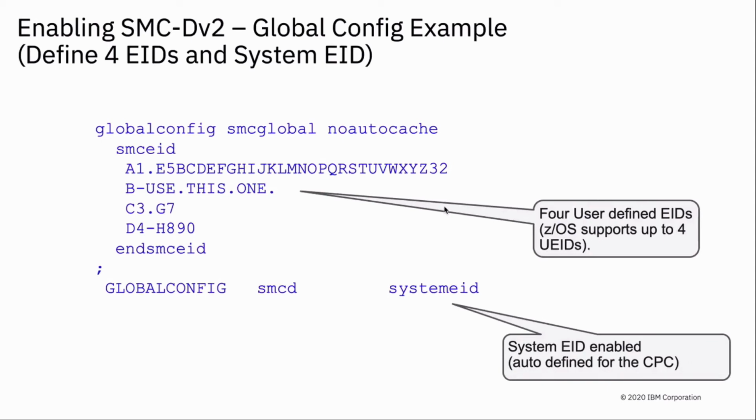And if you specify system EID, in COM server we're going to generate an EID for you that will follow all the rules of user EIDs, right? But it'll be unique to that machine. So that's how you define it if you're defining it straight in the profile. We have backup charts for how you would do that with NCA.